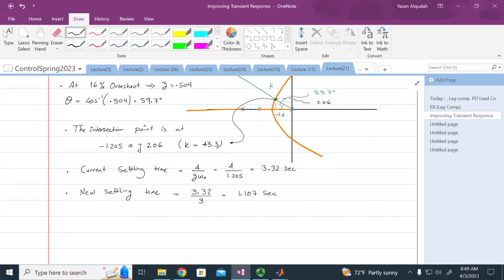So what does the new settling time tell me? What zeta omega n has to be.